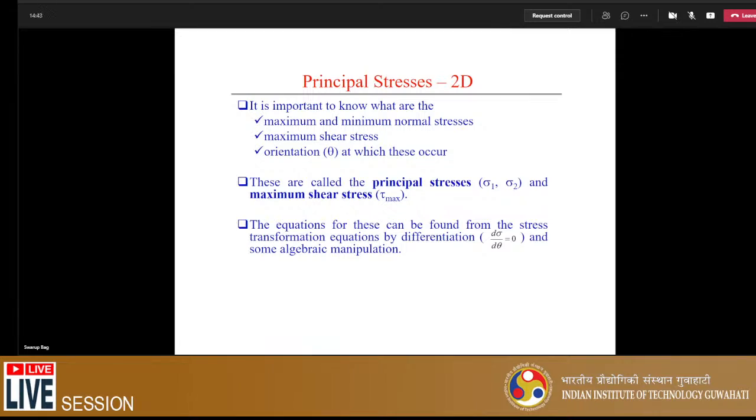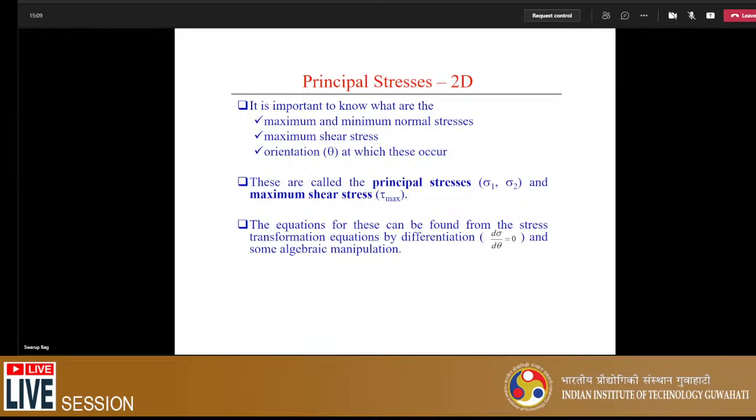Principal stress can be estimated simply by looking at this, because in general you express the stresses as a function of orientation. For example, you orient the state of the stress at a different angle, and then find in which case you get the maximum or optimum. The state of the stress can be expressed as a function of theta.